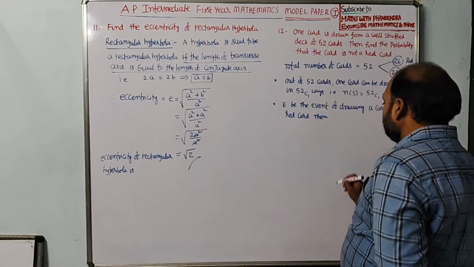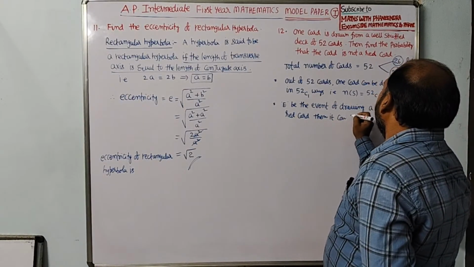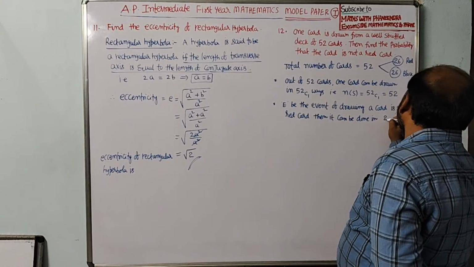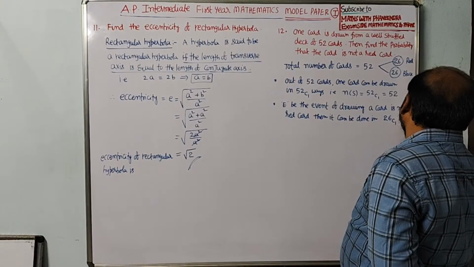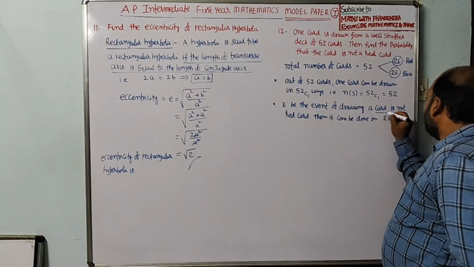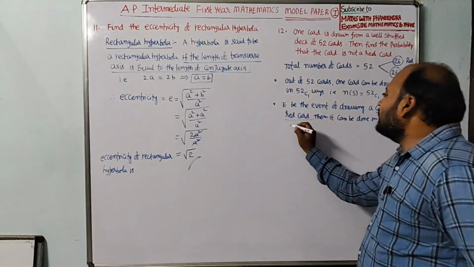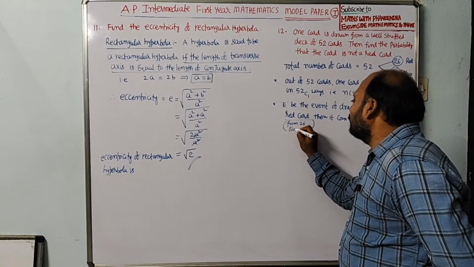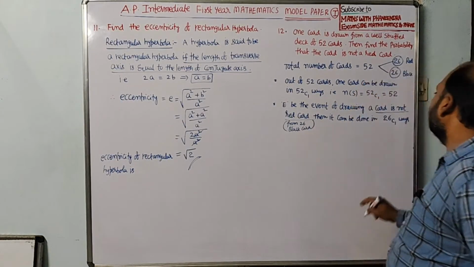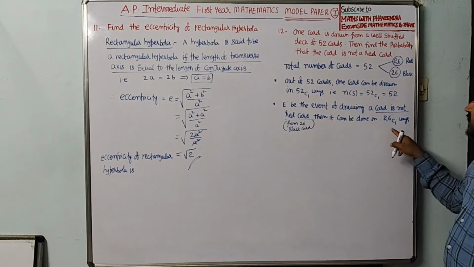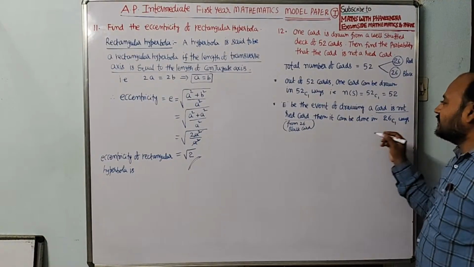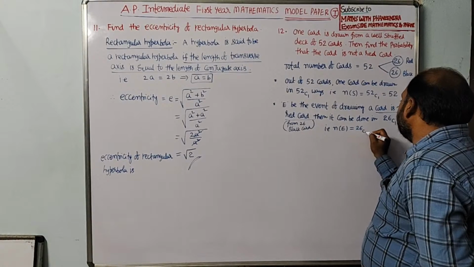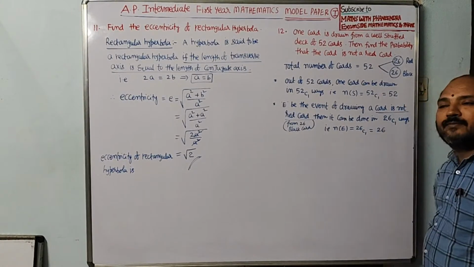Then it can be done in 26C1 ways. Not red means, you remember, dear students, from the 26 black cards only. That is the reason, from 26 black cards, you can select one black card in 26C1 ways. That is, n(E) equals 26C1, which is equal to 26.